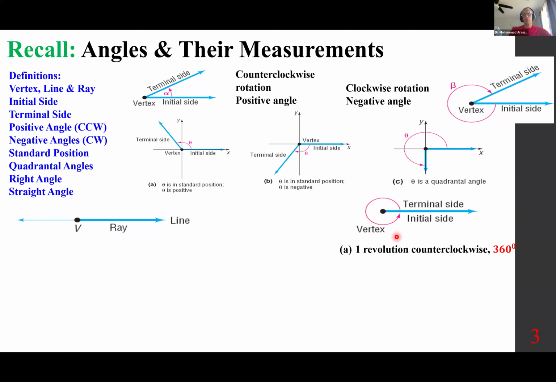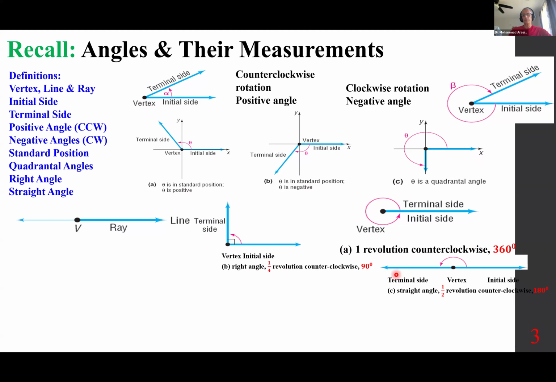If you go a complete revolution, one revolution counterclockwise is 360 degrees. Right angle, one quarter of a revolution counterclockwise, 90 degrees. Straight angle, half of the revolution counterclockwise.